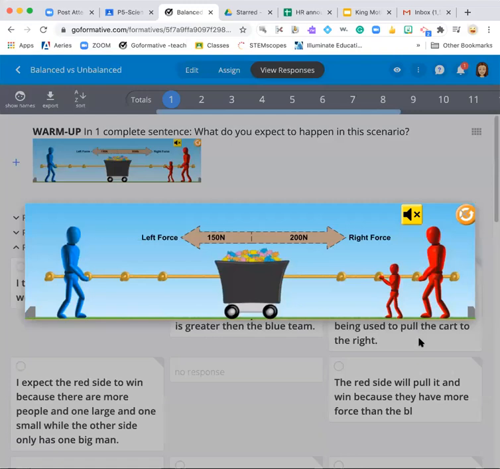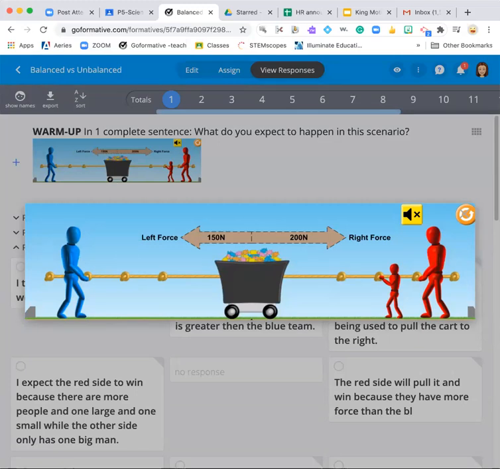Couple volunteers raising your hand. Who would like to share with us what do you think would happen in this scenario? Alexander, what do you think would happen? What I said was that I expected the red team to win because they have more force than the left side. Okay, thank you. Sanal, what would you say?